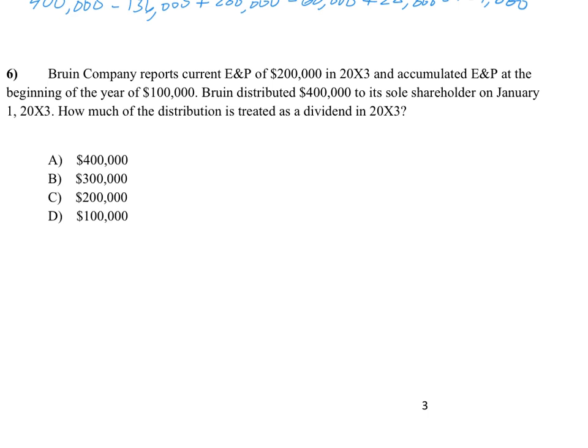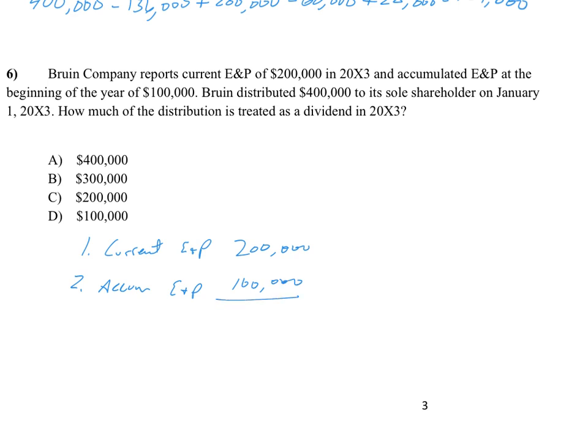All right, so remember that first we have to look at current E&P, okay? And we've got $200,000. And then we look at accumulated E&P, and that was $100,000.